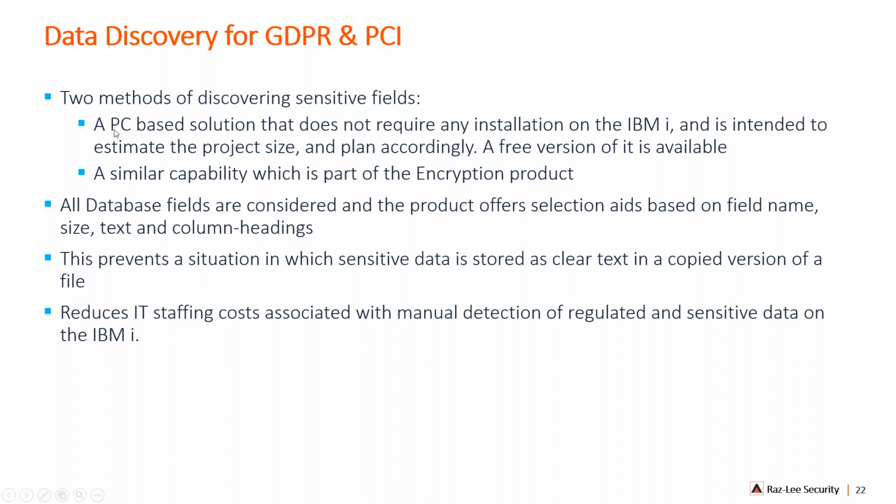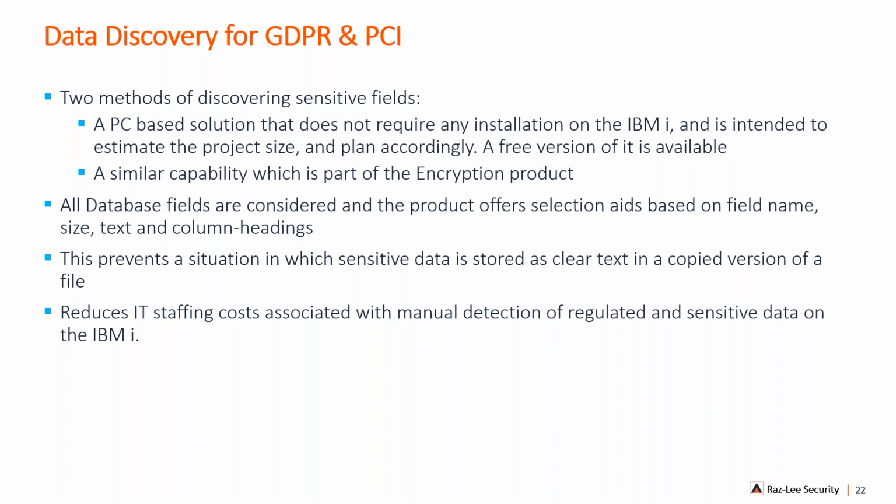So the first tool is a PC-based tool, and you simply use it to get a full report of all the fields which seem to be sensitive. This helps you prepare for an encryption project. You can plan ahead and then do it later.